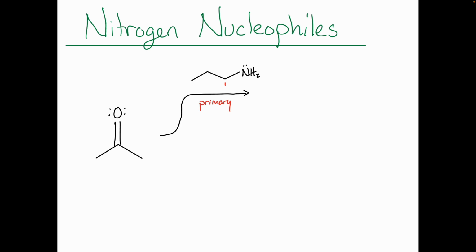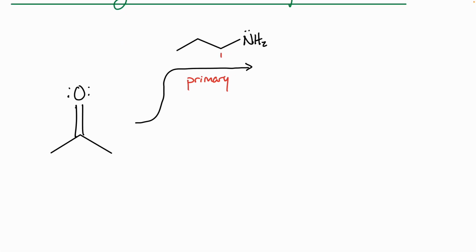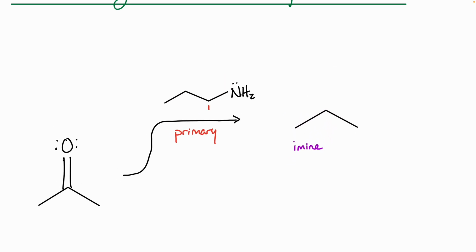This produces what's not an amine, but what's called an imine, where that carbon-oxygen double bond is replaced by a carbon-nitrogen double bond.